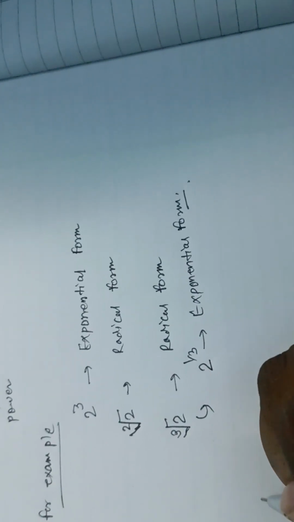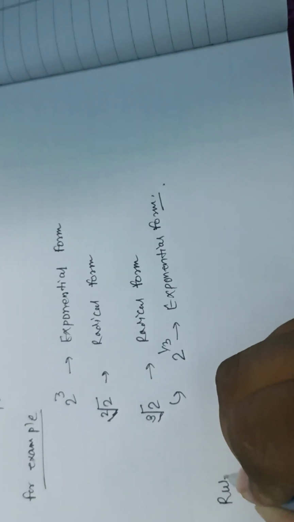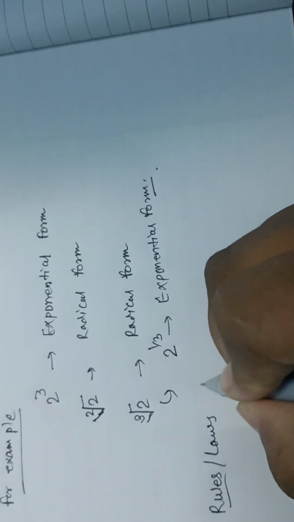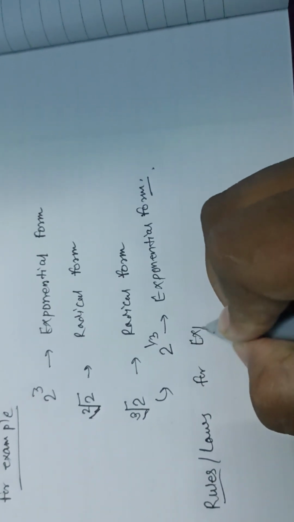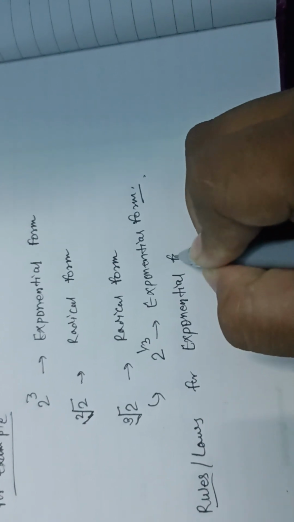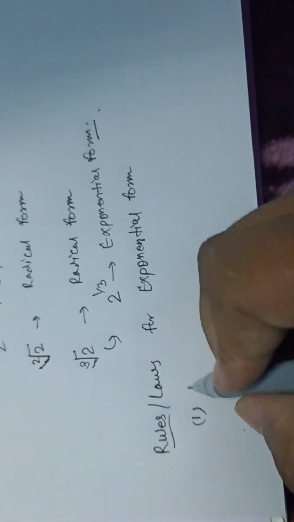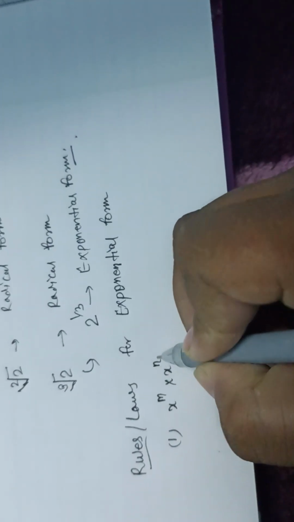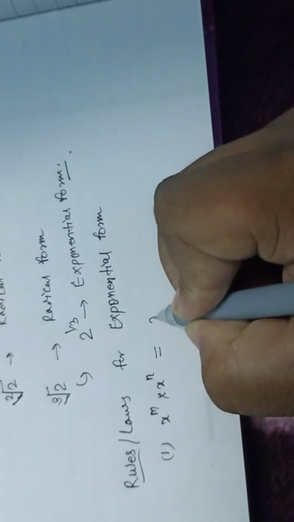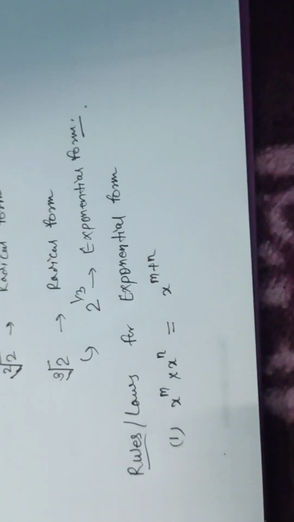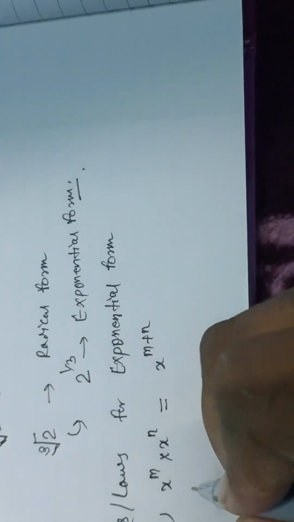We have some rules or laws for exponential form. Number 1, if x to the power m and x to the power n are in multiplication form, then we have to add the powers if the bases are same.